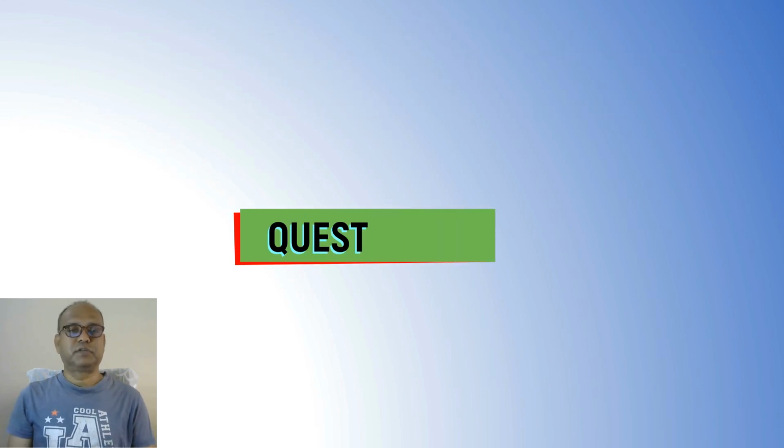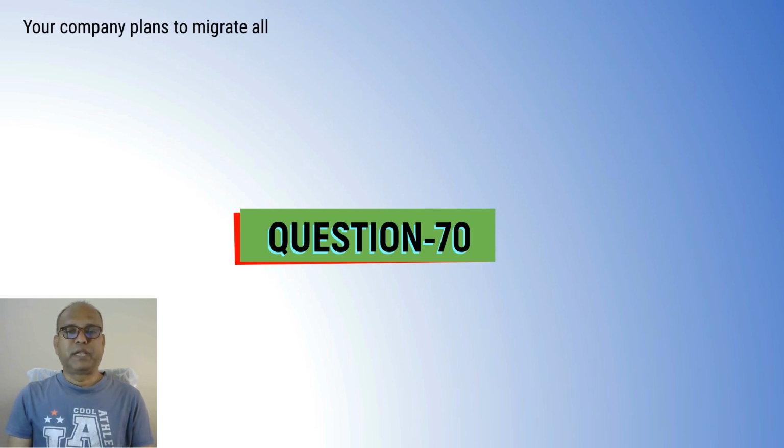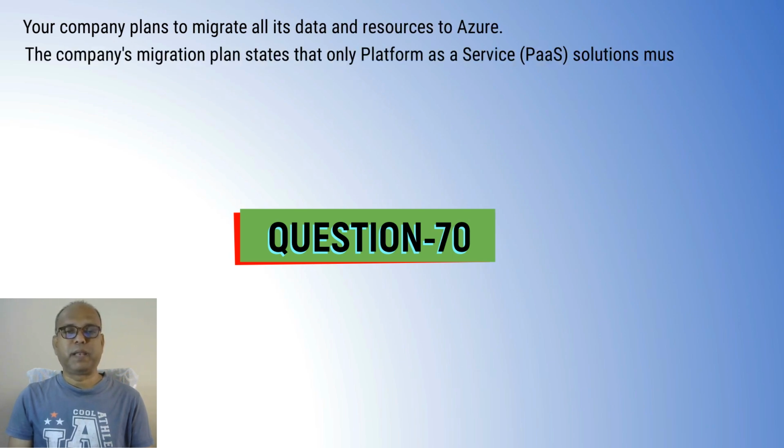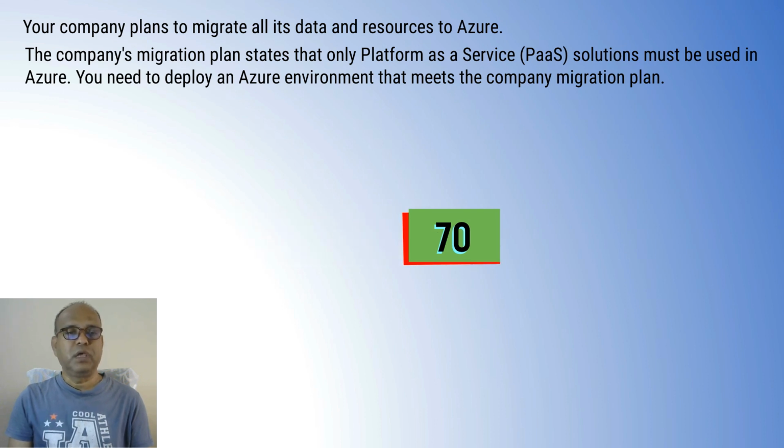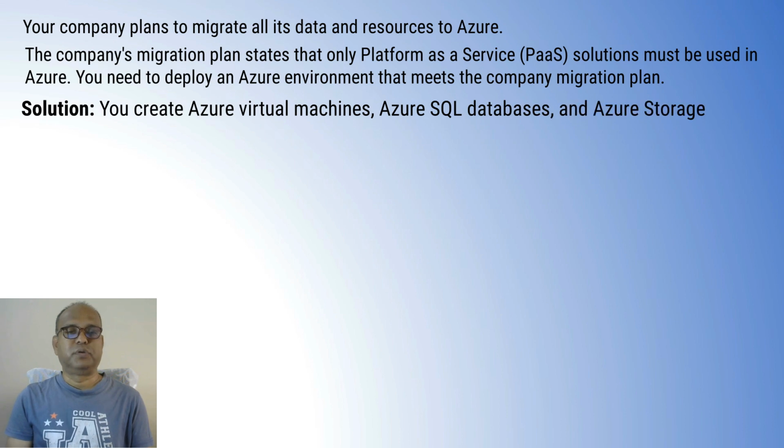Next question. Question number 70. Your company plans to migrate all its data and resources to Azure. The company's migration plan states that only Platform as a Service (PaaS) solutions must be used in Azure. You need to deploy an Azure environment that meets the company migration plan. Solution: you create Azure virtual machines, Azure SQL databases and Azure storage accounts.